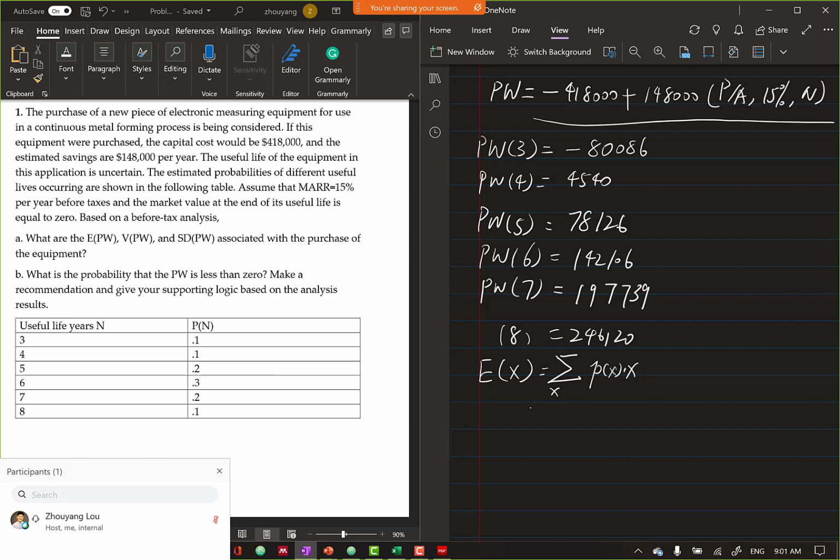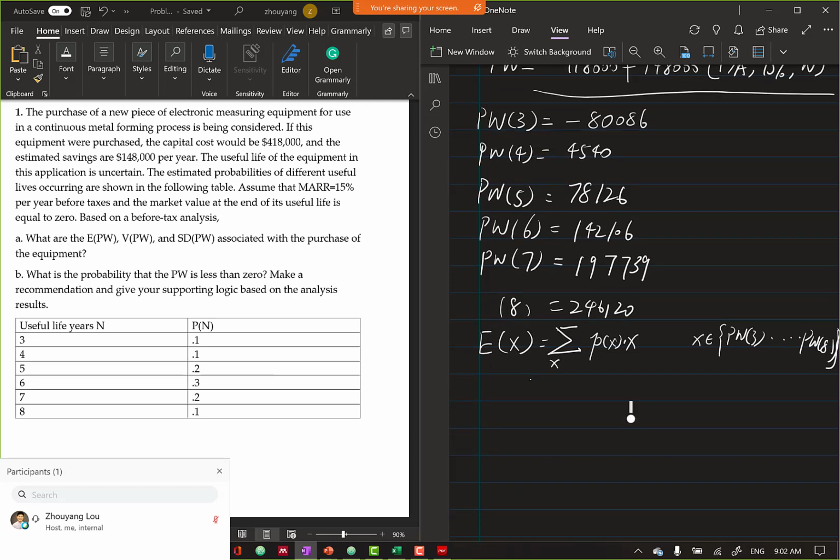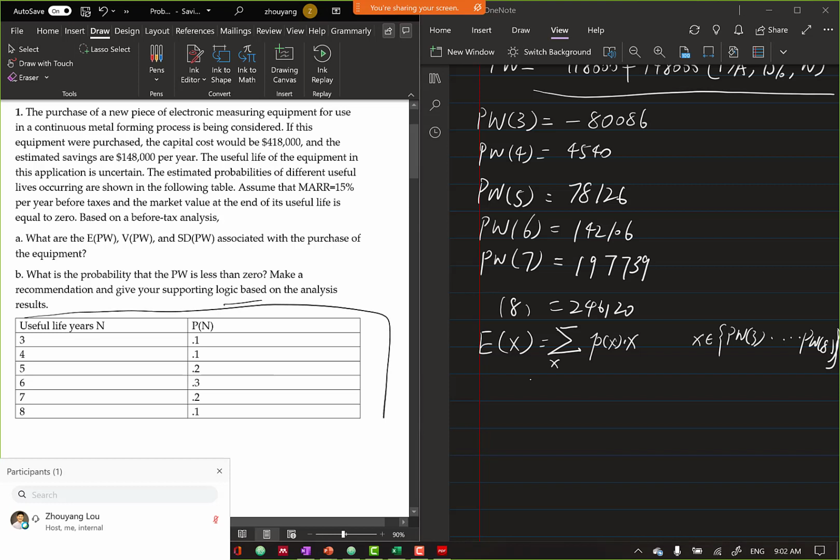Now here this x are from the present worth of number of years, 3 years, the present worth to 8 years. So let's use the table here, and we just use this probability times corresponding present worth, and we will get our expected value.